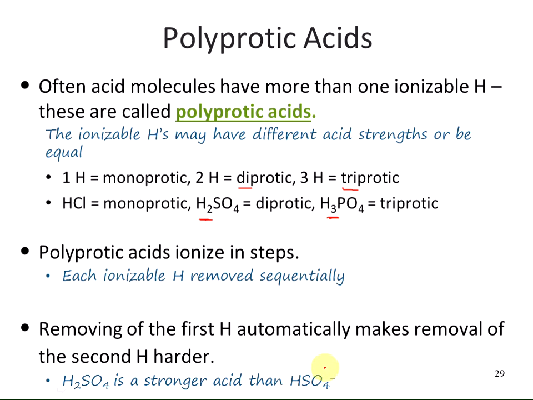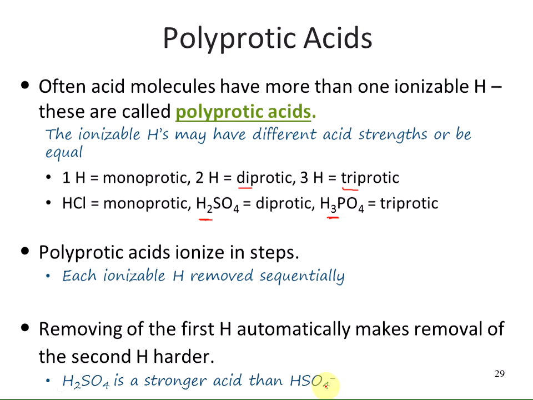And you can rationalize this based on the charge. So if the sulfuric acid is neutral and you remove a positively charged proton, it leaves behind the HSO4 minus. Now the HSO4 minus already has a negative charge, and most things want to stay neutral.